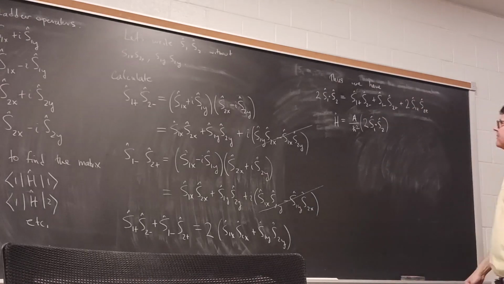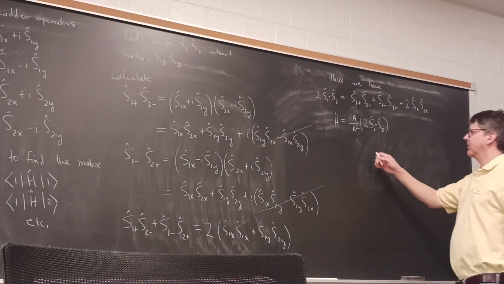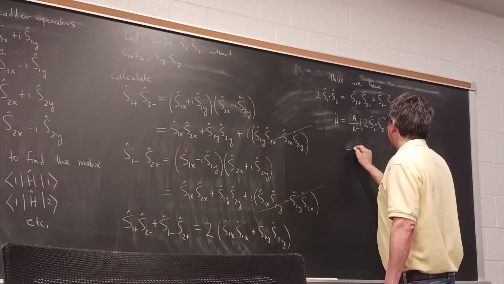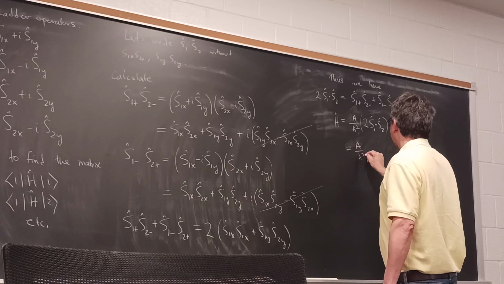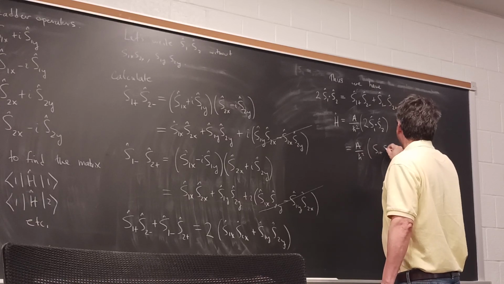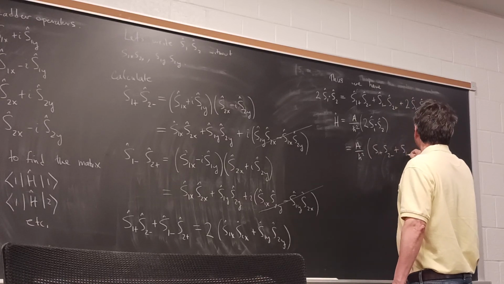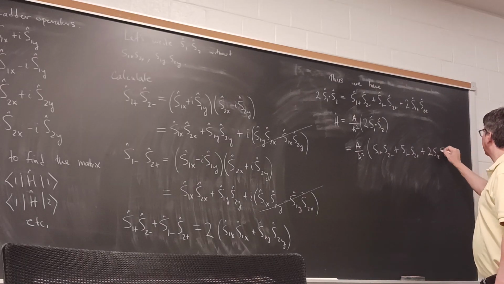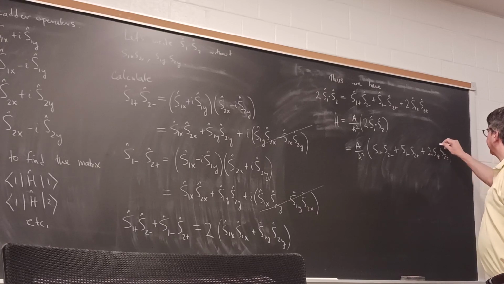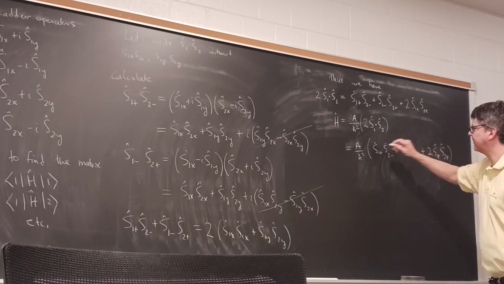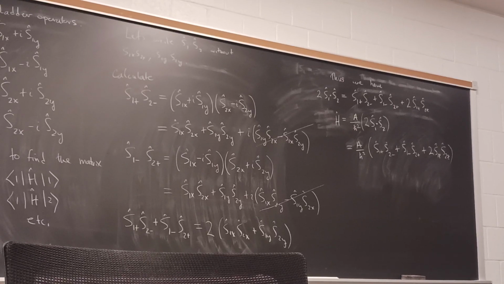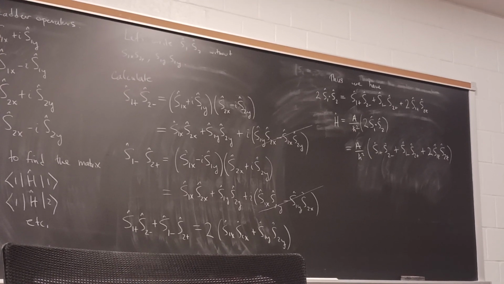Okay, that's H. So this is just then A over h bar squared times S1 plus S2 minus plus. Okay, and we've now gotten rid of the S1x, S1y, and so on. So now let's just start calculating.